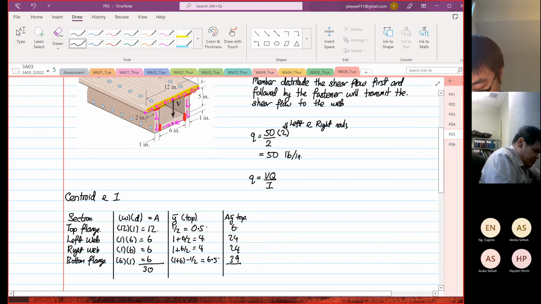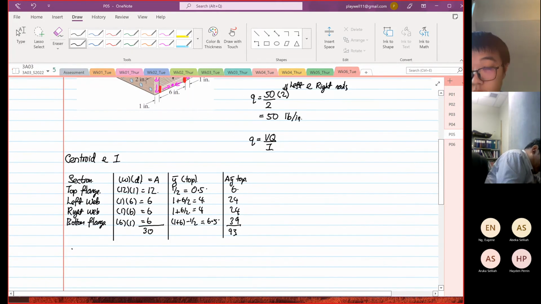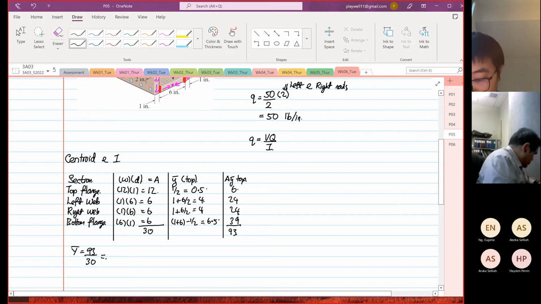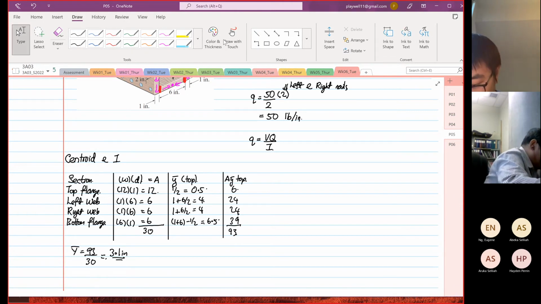So this is 6 plus 24 plus 24 plus 39, 93. So Y bar is equal to 93 divided by 30, which is 3.1 inch. Okay, now let me teach you how to confirm whether this is right or wrong.